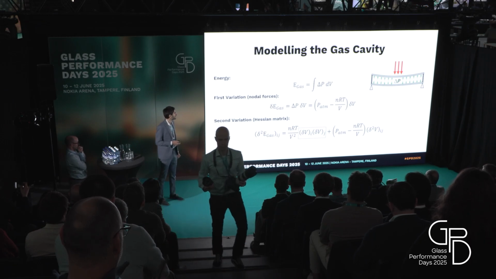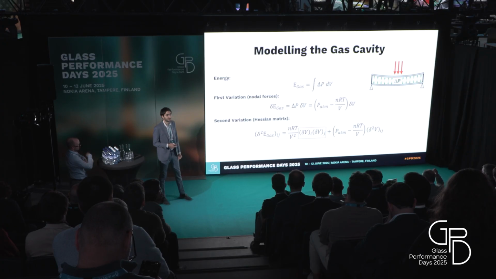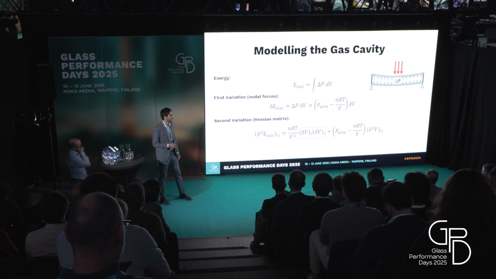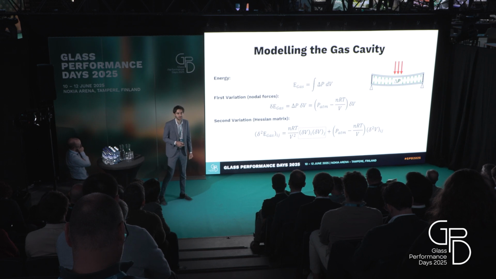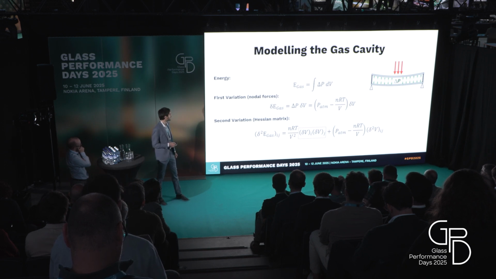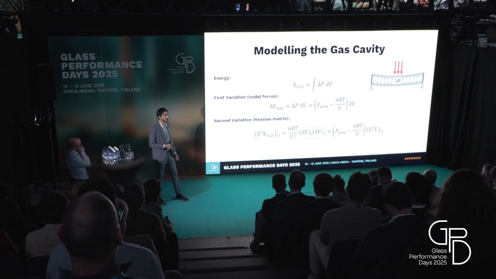And these are the results of the pressure variation between atmospheric pressure and internal pressure of the cavity. We take the second variation of the energy to calculate the Hessian matrix, the stiffness matrix, which is needed for the numerical solution of the finite element problem.